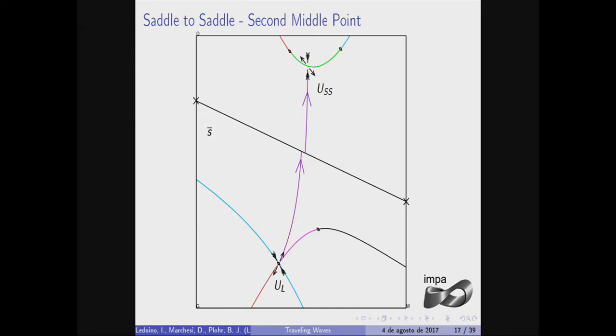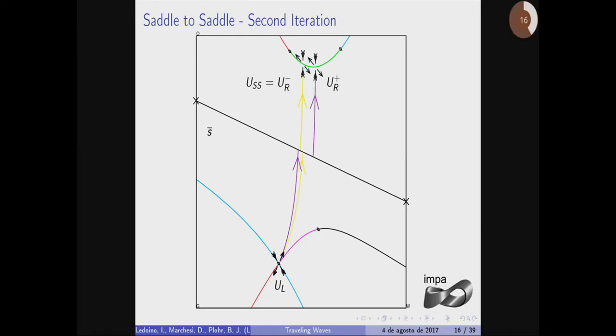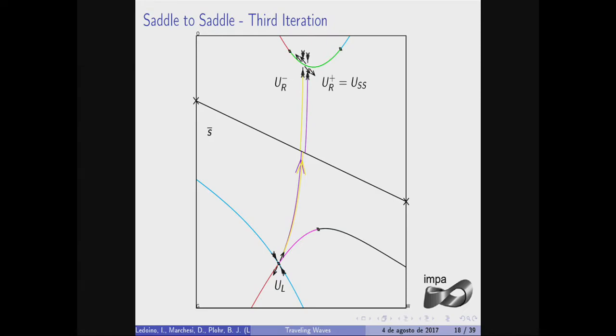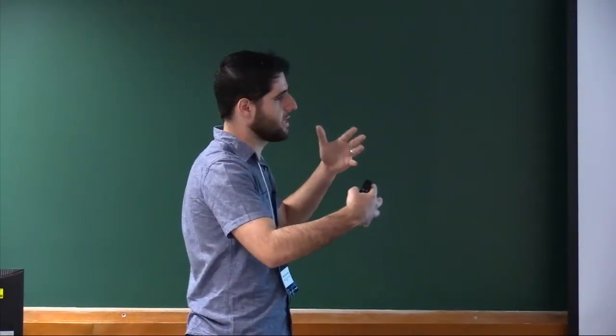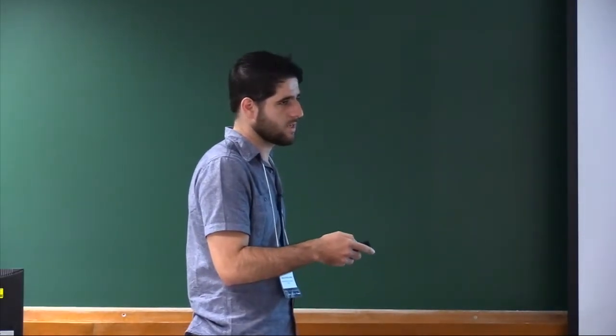Now we eliminate the previous point, the UR plus, and now we have an even smaller region to worry about, and we go on. At this point, as far as we can see, this is the saddle-to-saddle connection. So there's a tolerance you are looking for; you are making a binary search to find the saddle-to-saddle connection.